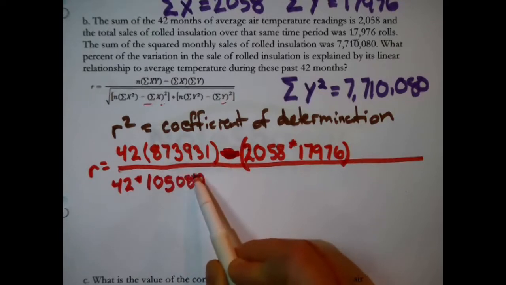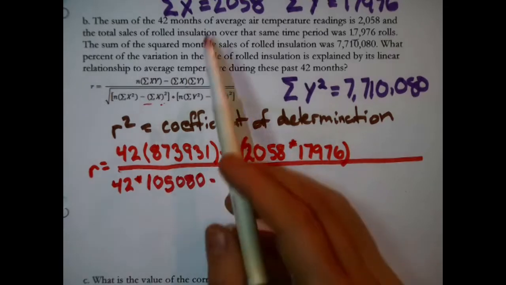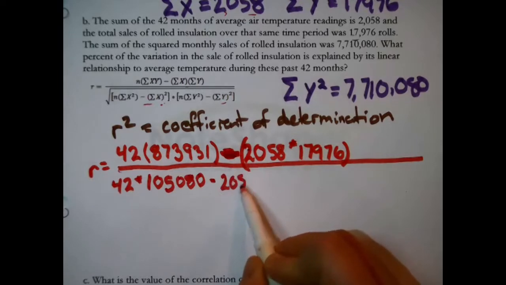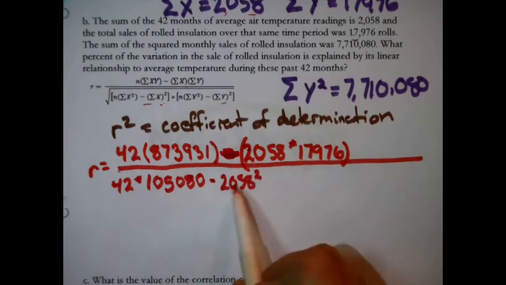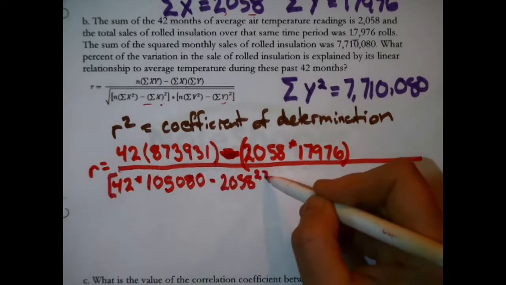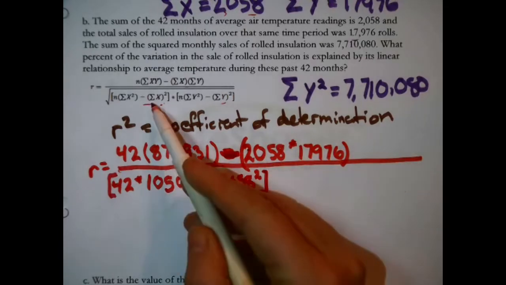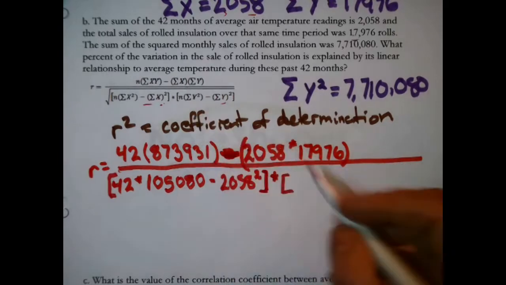That was from the original paragraph. Minus the sum of the x's, well, that's just that 2,058, except be careful, square it before you do the subtraction. The different style of brackets helps us keep track a little bit here.